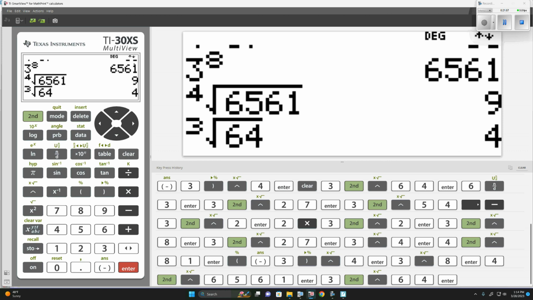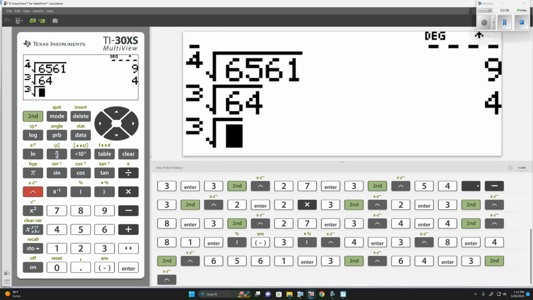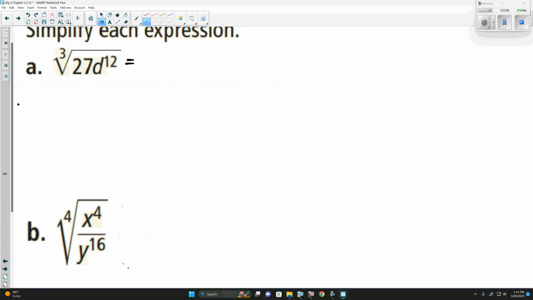We can grab a calculator and see the cubed root of 27 is 3. So in either case, that there is kind of nice. So we can say 3. Now taking the cubed root of d to the 12th, we're trying to see how many groups of 3 can we take out? 4.